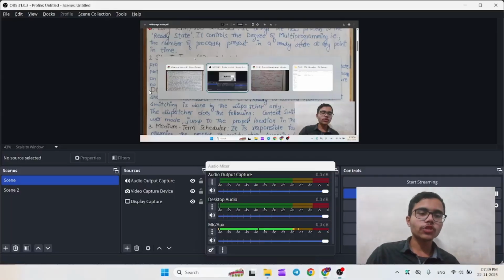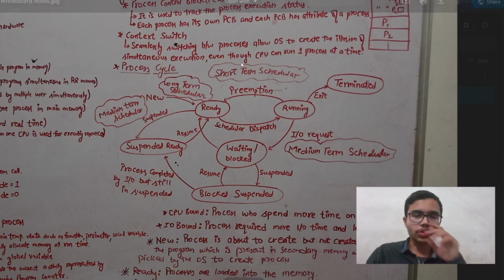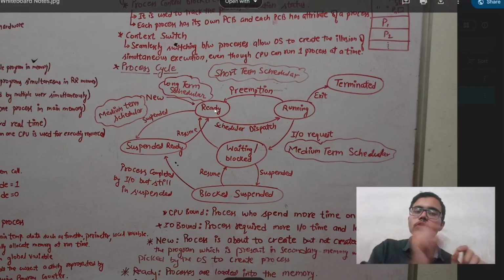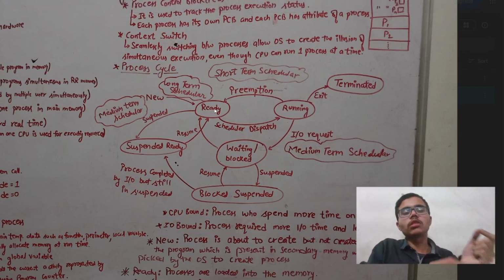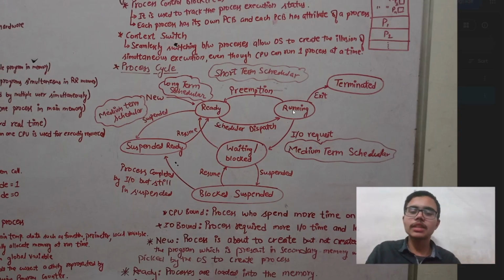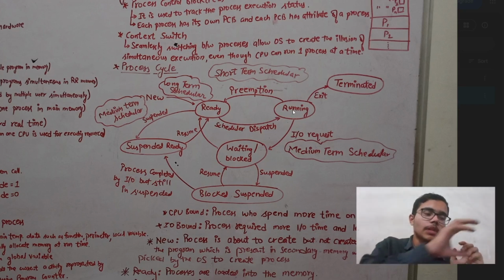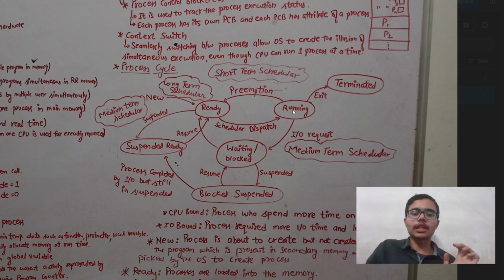What is the work of the short-term scheduler? It only selects the process which is going to execute, or we can say which is going to the running state. It cannot pick the process and put it in the running state. There's a big difference. The short-term scheduler only selects that this process is going to execute next.